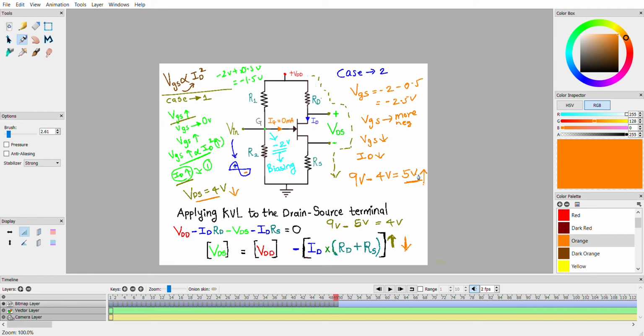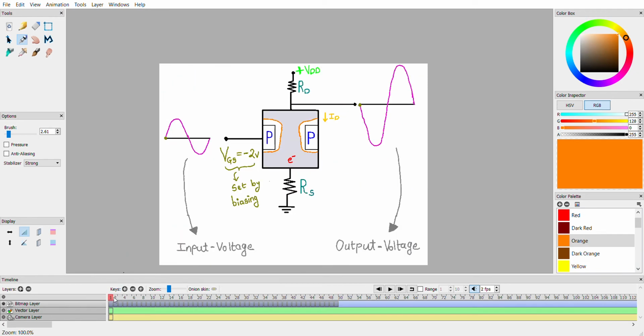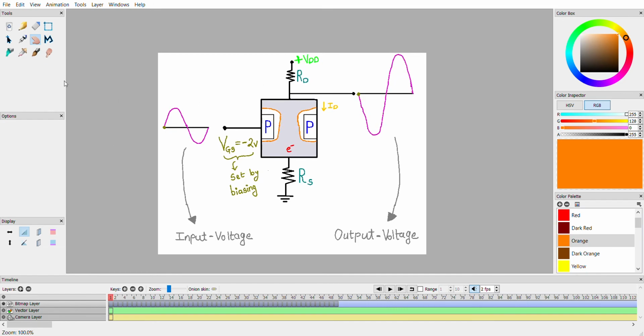That's why we are getting a 180-degree phase shift. I will try to explain this concept with the help of an animation which I had created, so that your concept would be very clear. So I will start the animation video.